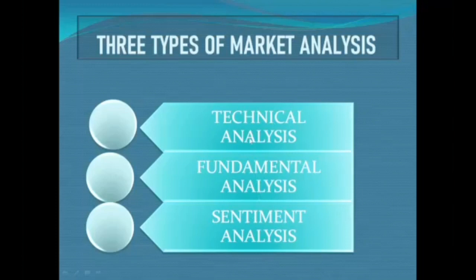Now, technical analysis, I'm talking on technical analysis now. It is the framework in which traders study price movement. The theory is that a person can look at historical price movement and determine the current trading conditions and potential price movement.